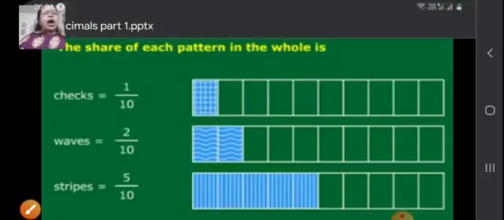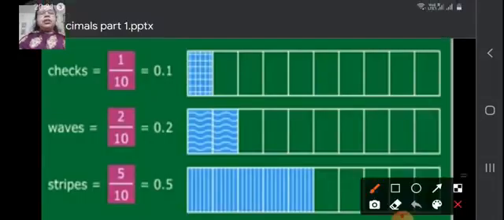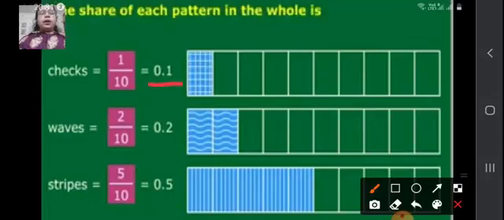Now, let us see how we express them as decimals. Now, 1 upon 10 can be written as 0.1 and 2 upon 10 is 0.2 and 5 upon 10 is 0.5.